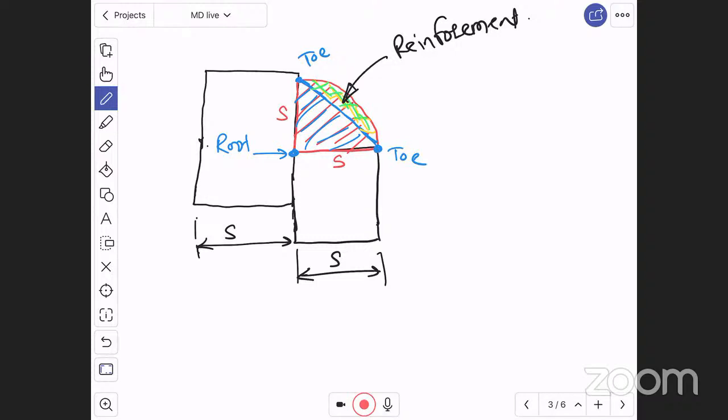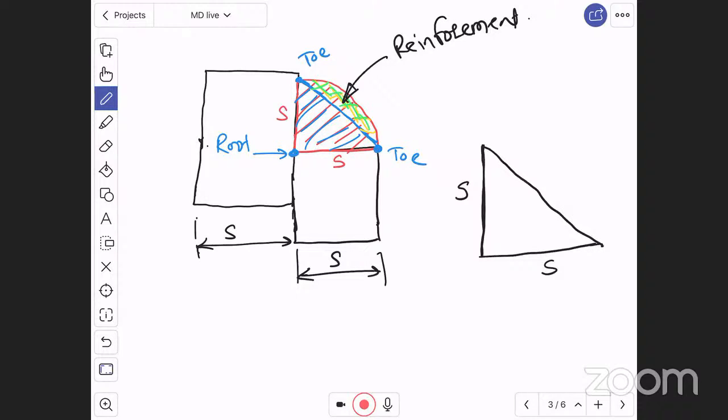Therefore, if you see here, you will find an isosceles triangle. This isosceles triangle is the welding. If I consider this triangle, for welding, height is S, width is also S, and from here there is a straight line.